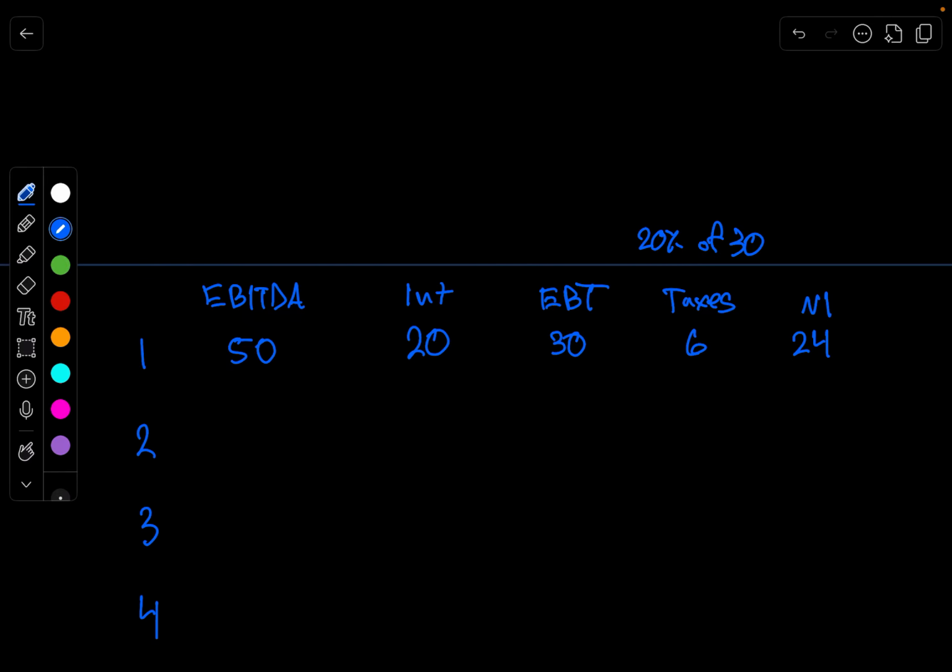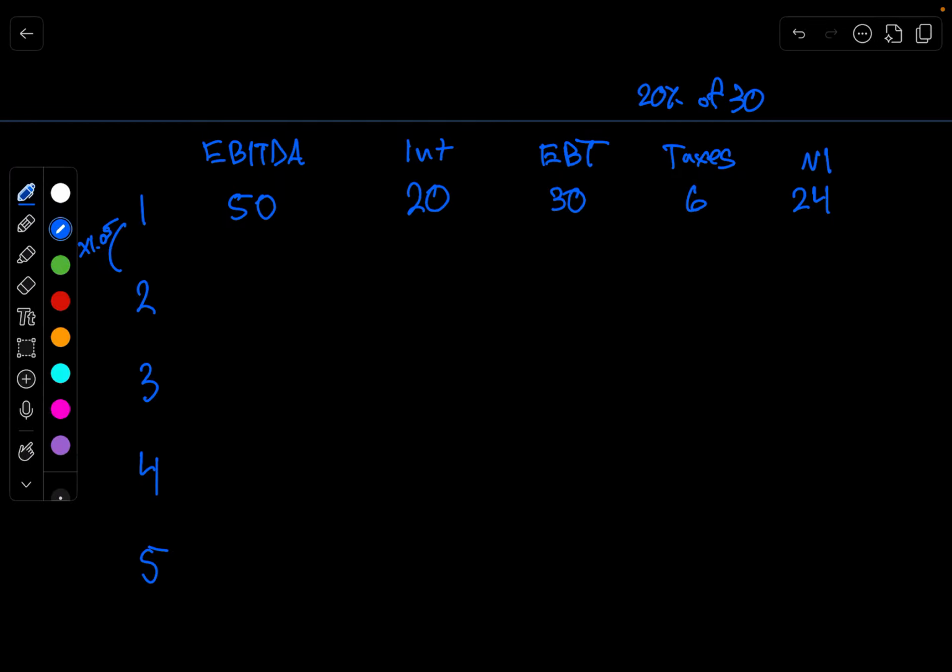And now we essentially just have to repeat that for every single year, but we're growing our EBITDA by 5%, right? So what we're doing here is just a multiplication of 1.05, and we'll continually do that, and we'll fill out all the rest of it, right?